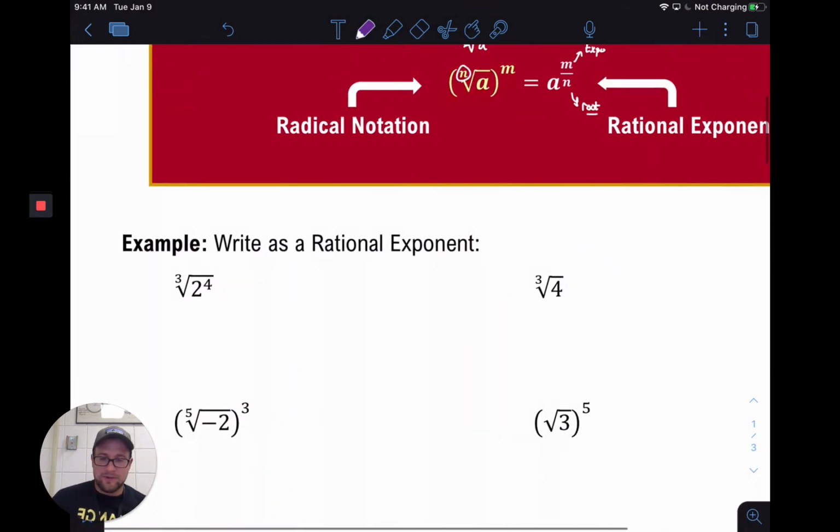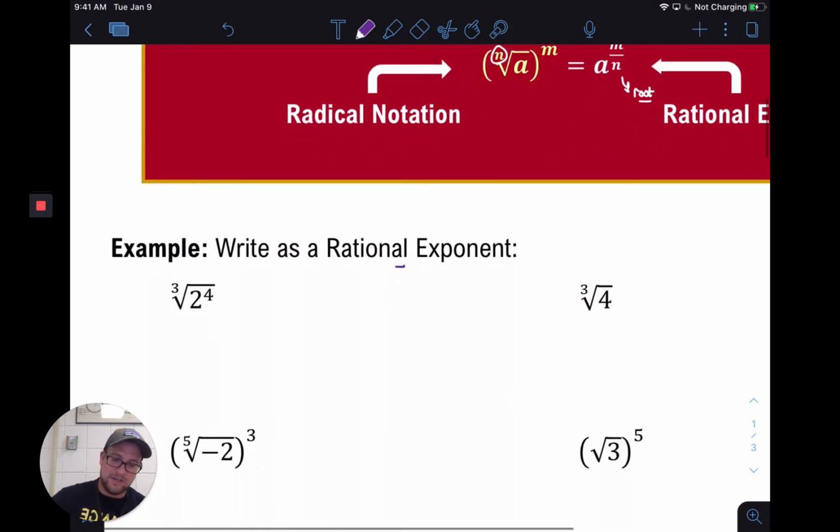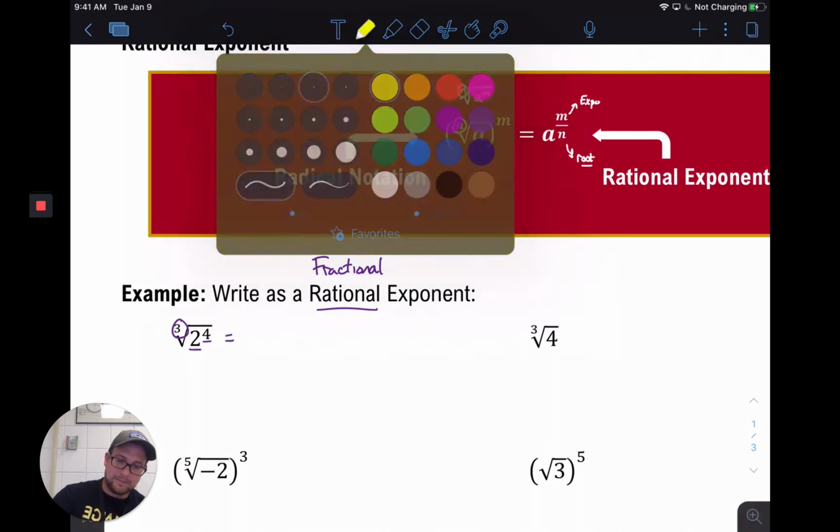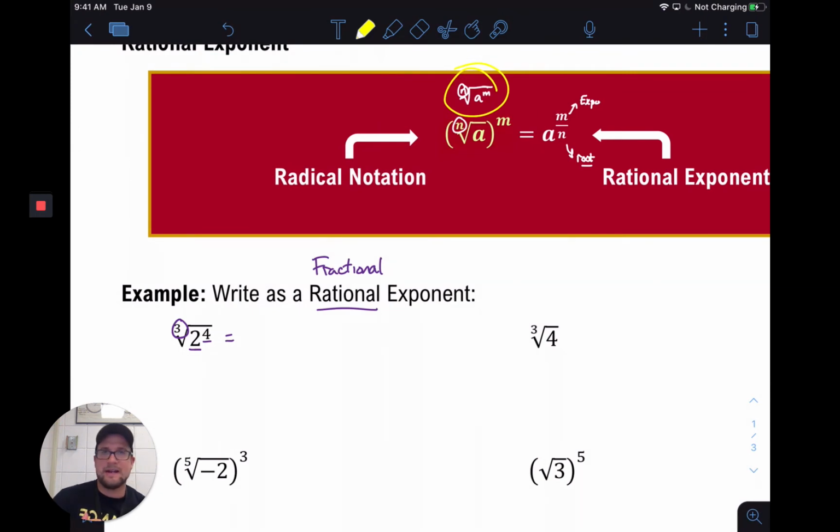Our first example here says to write as a rational exponent. Rational just means fraction. So we want to write this with a fractional exponent. Looking at this, we can see that we have 2 being raised to the 4th, and then we're taking the 3rd root of that. Well, according to what we wrote down up top, this is in that exact same format.